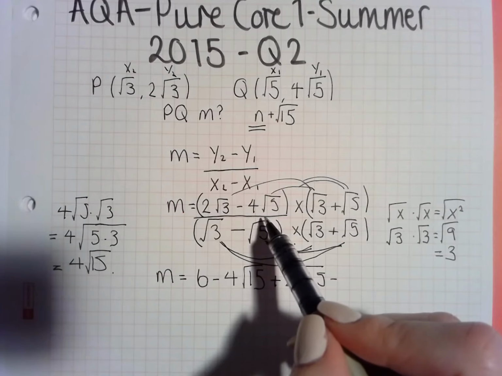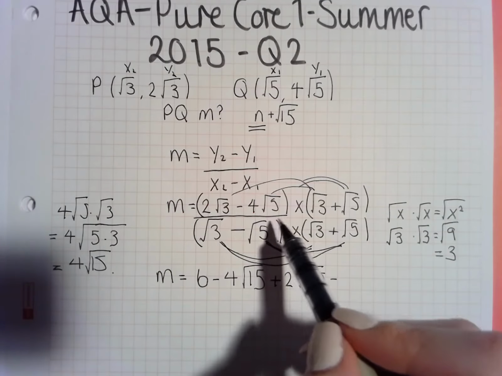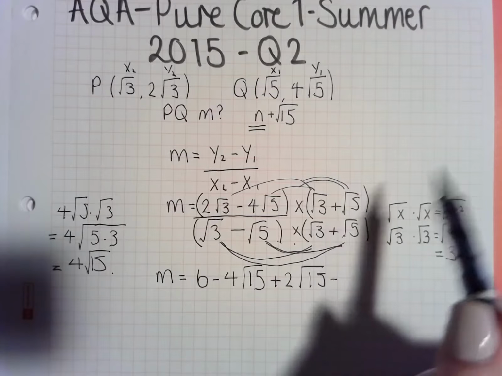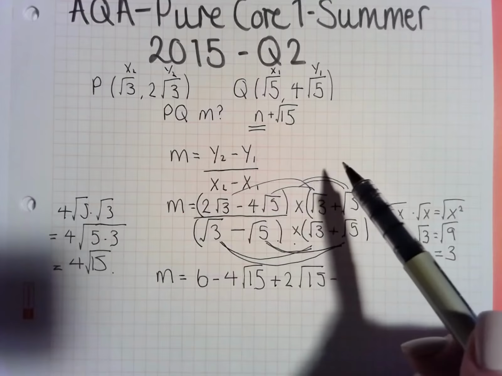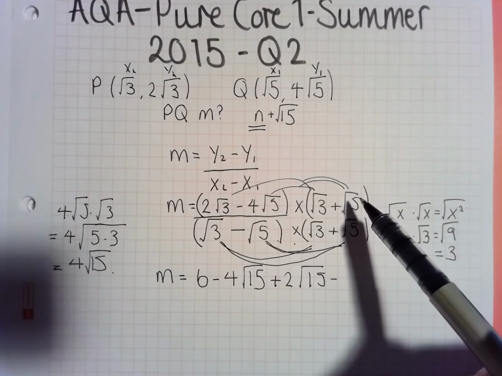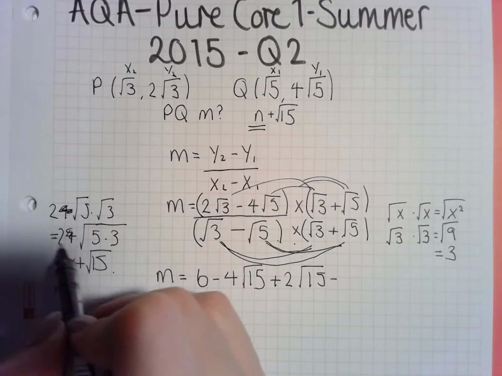Minus 4 root 5 times, where have I gone wrong here? 2 root 3 times root 3, 2 root 3 times root 5. So that's 2 root, oh, this is where I'm confused because this is a 2.